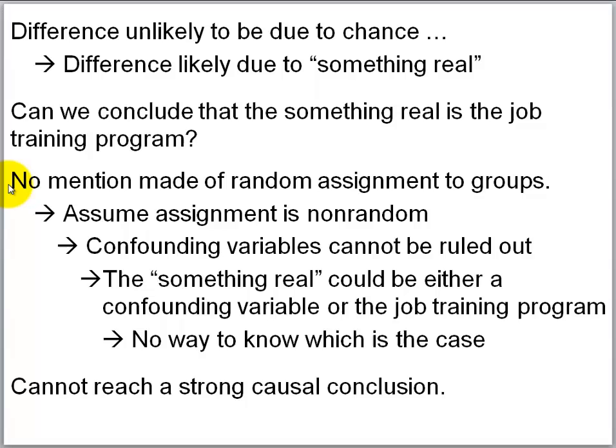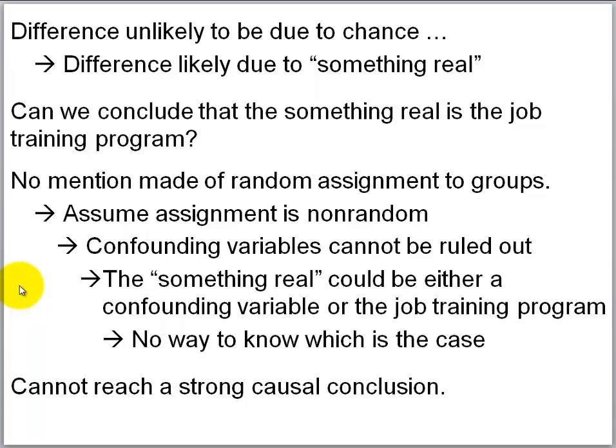Now, our description of the situation made no mention of random assignment to groups. Let's go ahead and assume that the assignment is non-random. So that being the case, confounding variables cannot be ruled out.